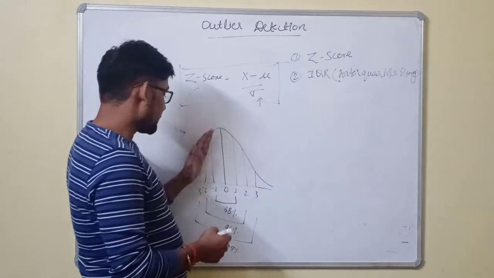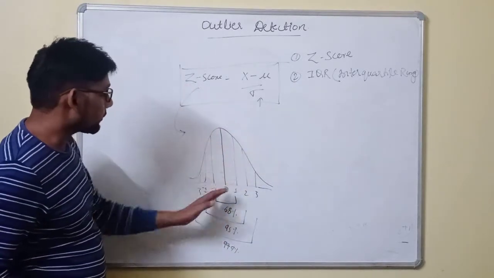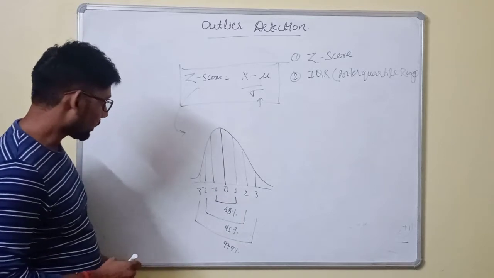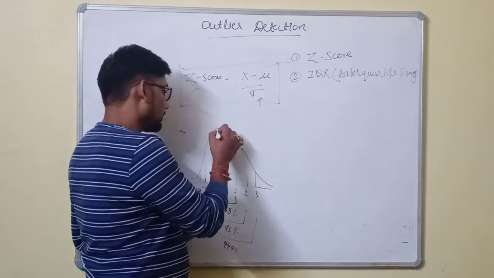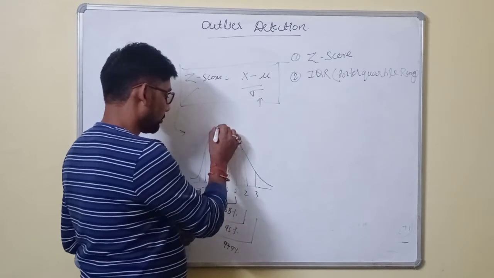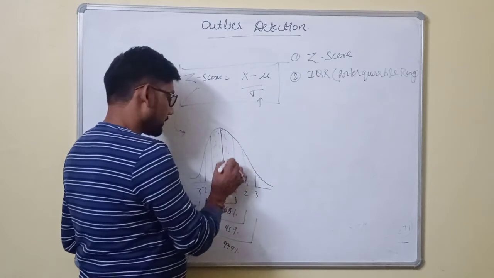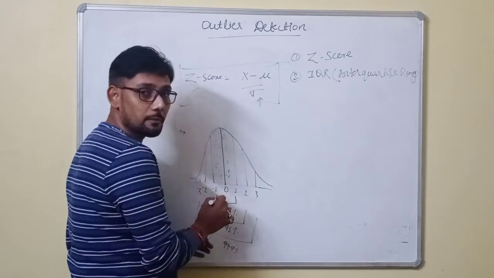As we know, the nature of a normally distributed data set is that maximum points are around the mean. We see that the maximum points are gathered around the mean value, right?